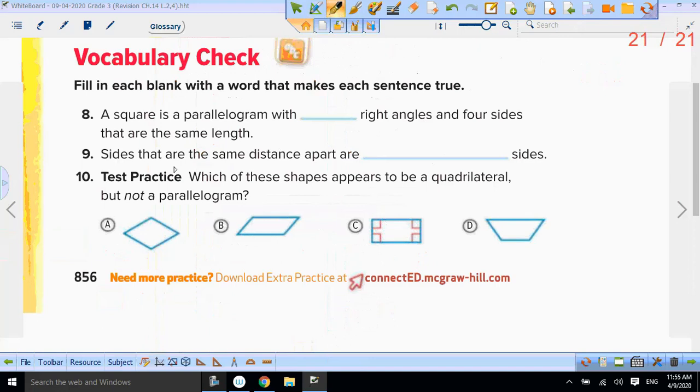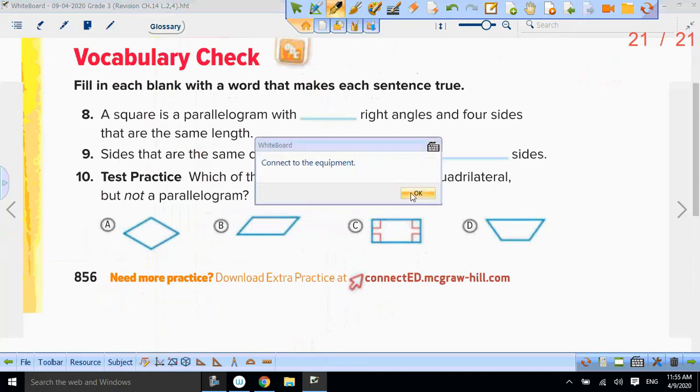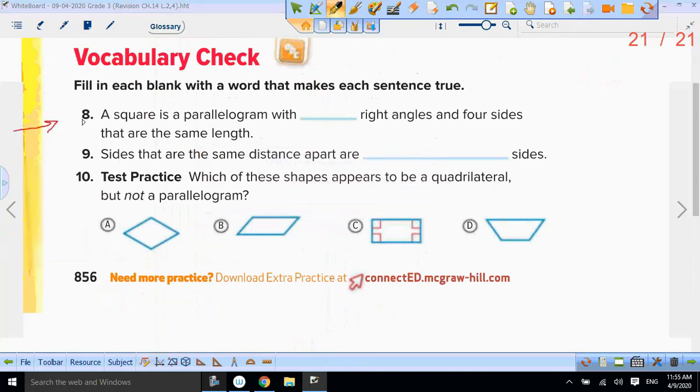Okay, this is the last page. Question 8. A square is a parallelogram with what right angles and four sides that are the same length? Square has how many right angles? Yes, four right angles. Okay, question 9.